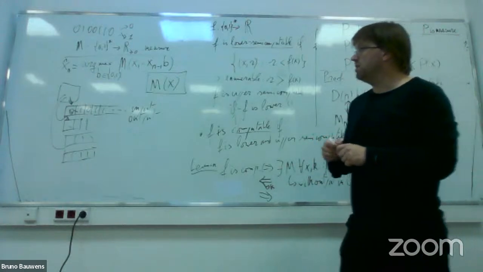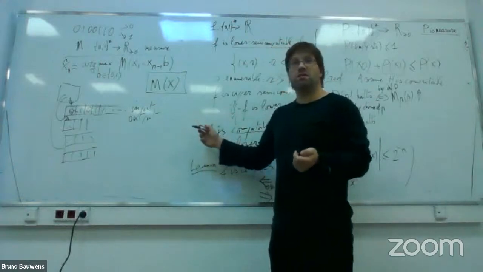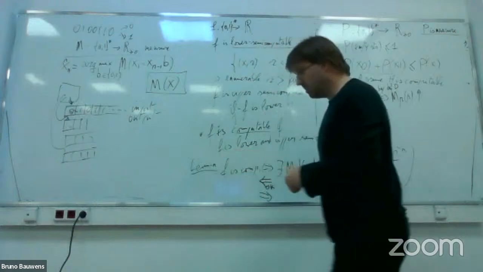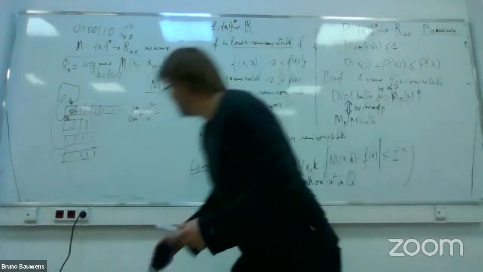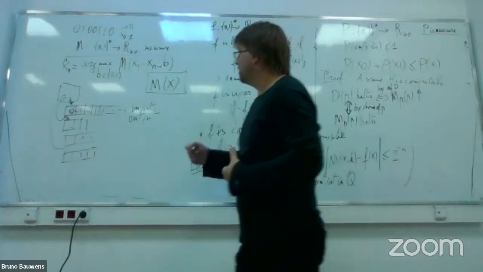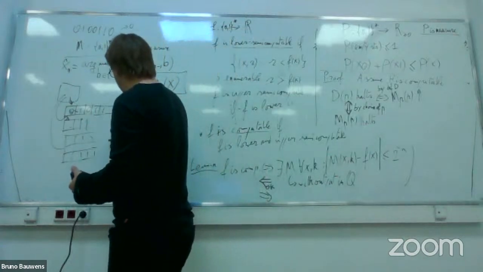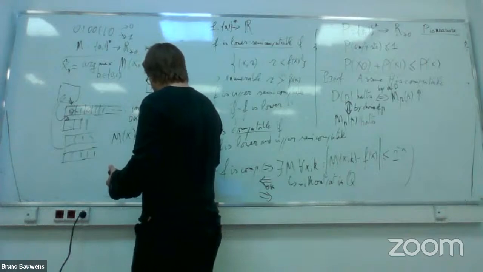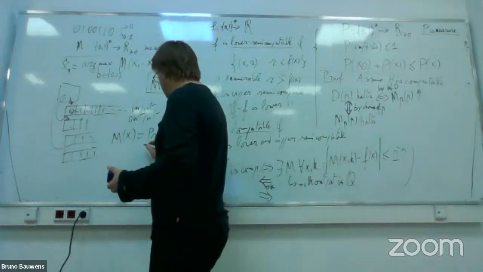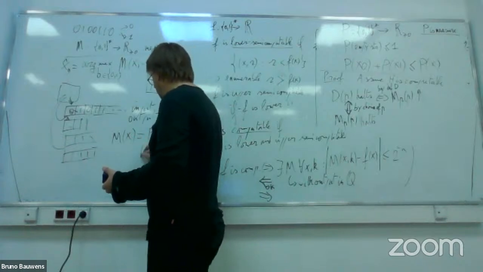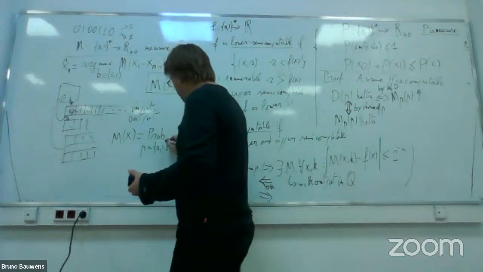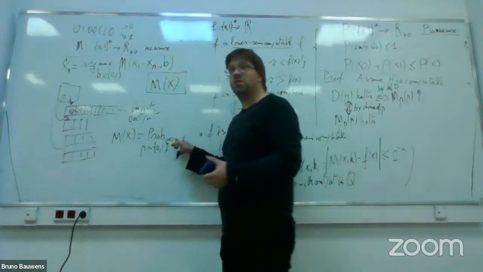Okay, so should I write this? I will write it. M of X is the probability for a random input P. So there are infinite binary sequences.